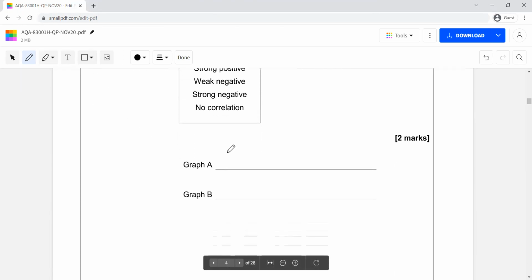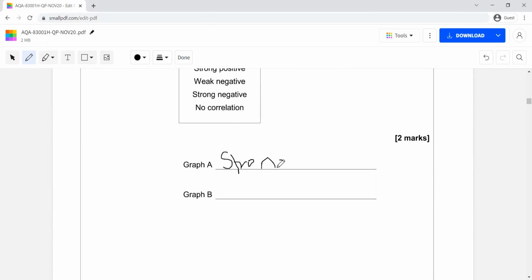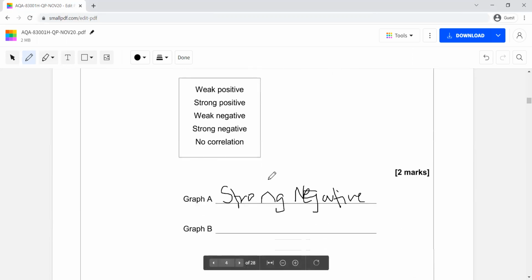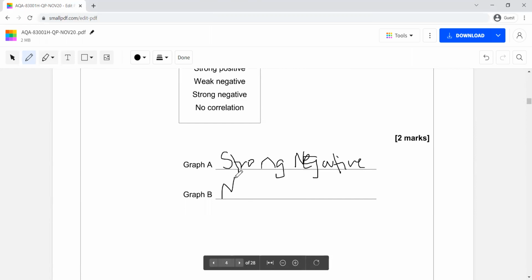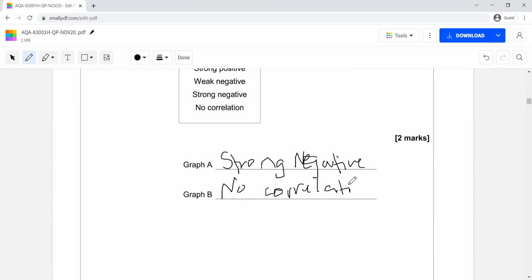So we can say it's a strong negative correlation. Right, strong negative. And for graph B, there's literally no correlation. We just say no correlation. And that's how we do this question. Now moving on.